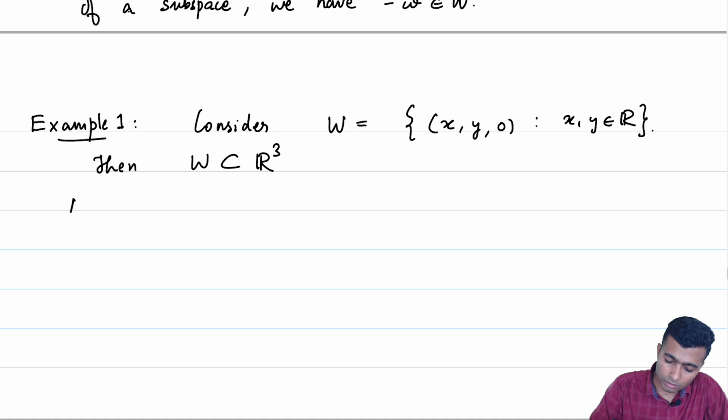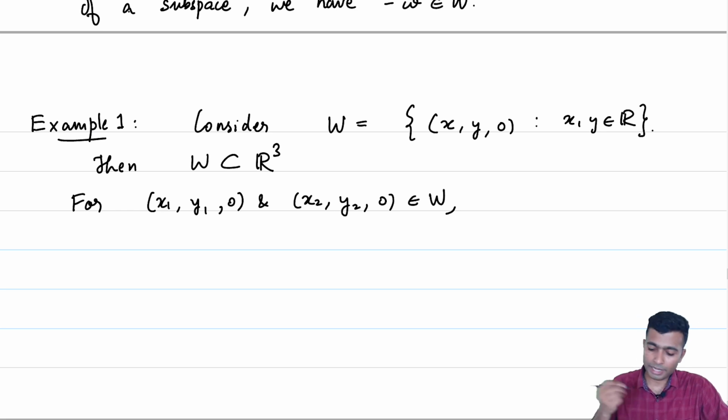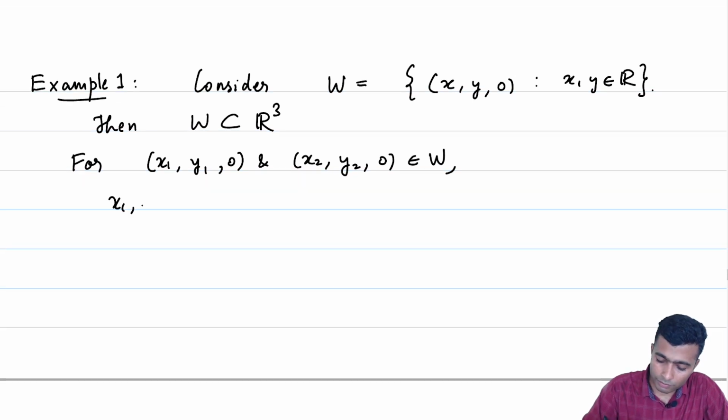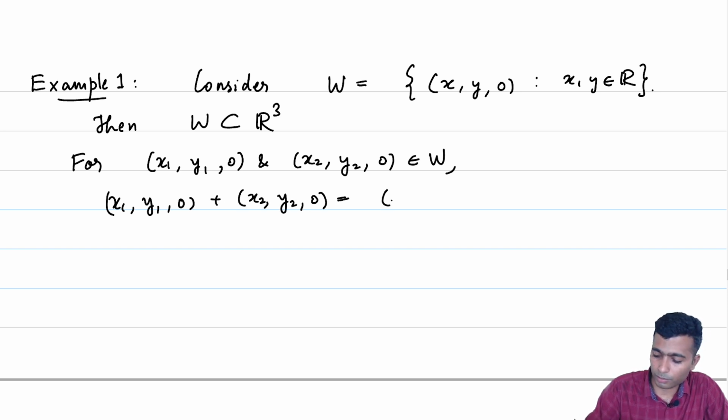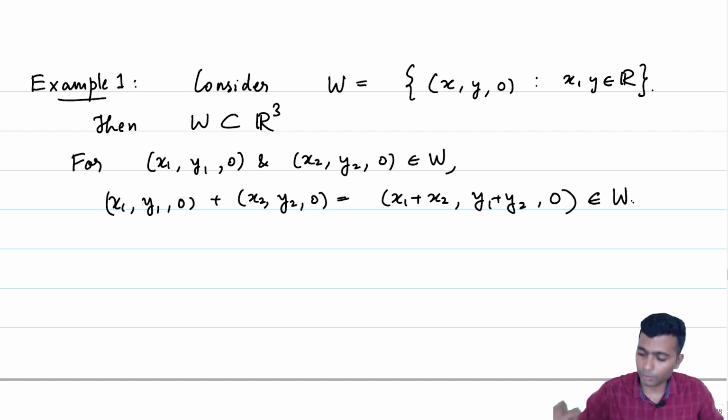Then notice, for (x1, y1, 0) and (x2, y2, 0) in capital W, by borrowing the vector addition from R3, (x1, y1, 0) plus (x2, y2, 0) is equal to (x1 plus x2, y1 plus y2, 0), which again has the z coordinate 0, which belongs to capital W. Therefore, our W is closed under the vector addition which is borrowed from R3.